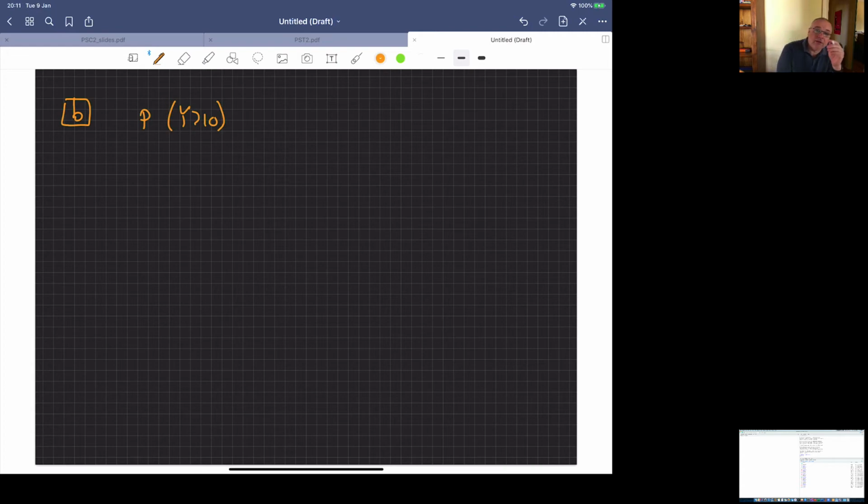Well, as always with these, we try and convert it to a CDF. So that is going to be 1 minus the probability that Y is less than or equal to 10. Let's convert that into an R statement. That's 1 minus, I've got now less than or equal, so I've got the CDF. So that is going to be pgeom. We're going to do 9 because I want the failures, and probability equals 0.2.